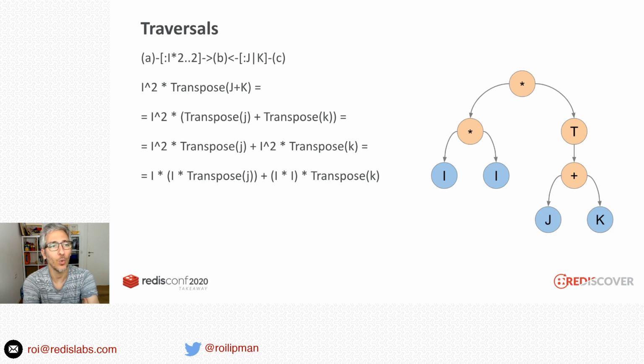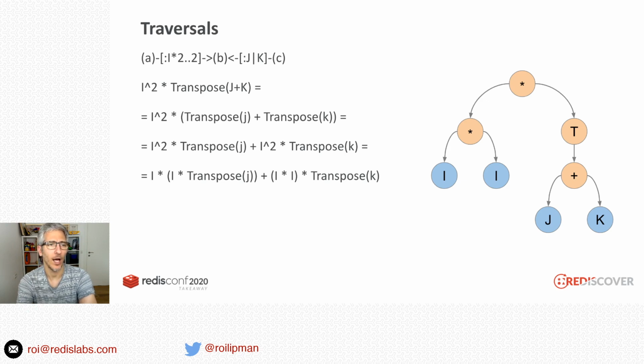And here we want to find some node A, which is connected via a relationship type I, performing two hops here, and then reaching B, and we want to see if that B has a C node connected to it with either the J or K relationship type.